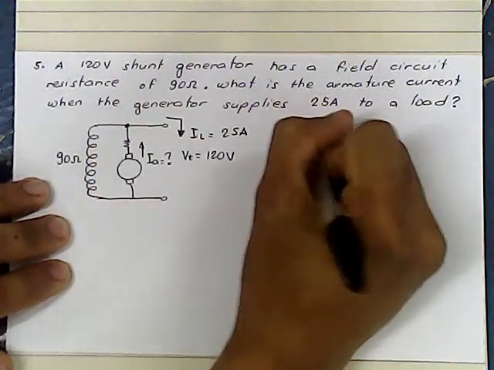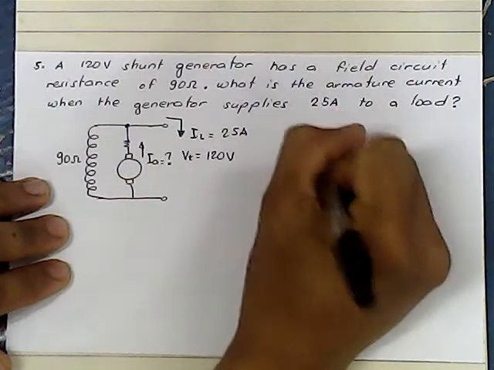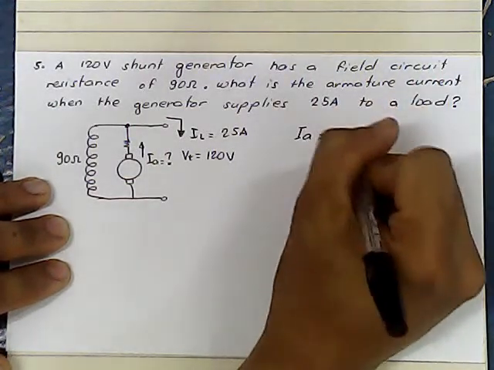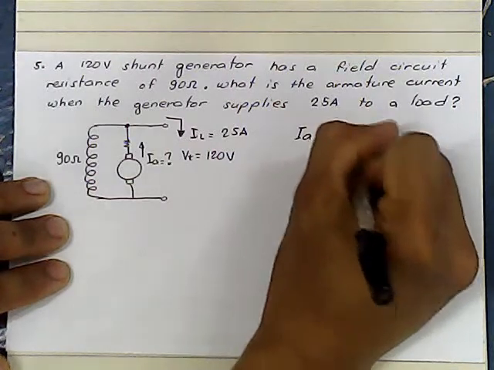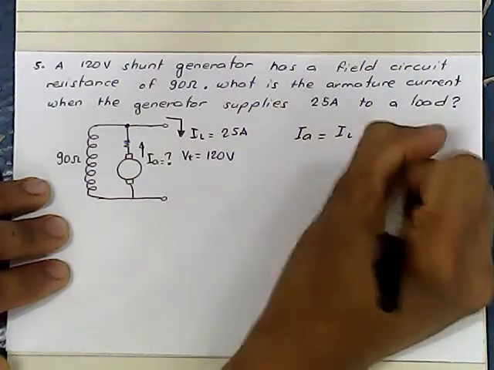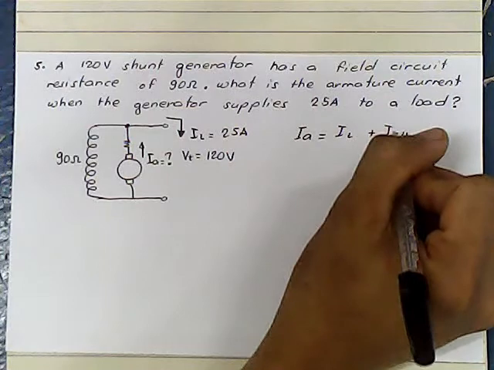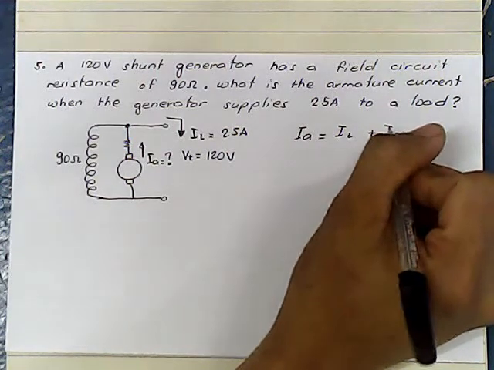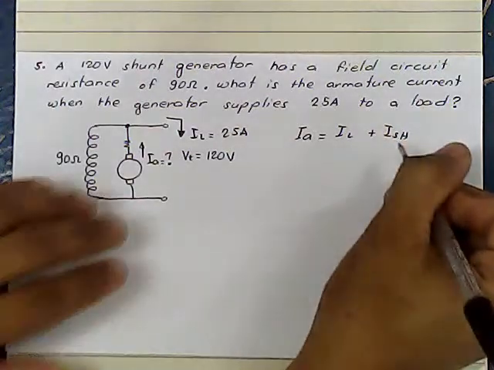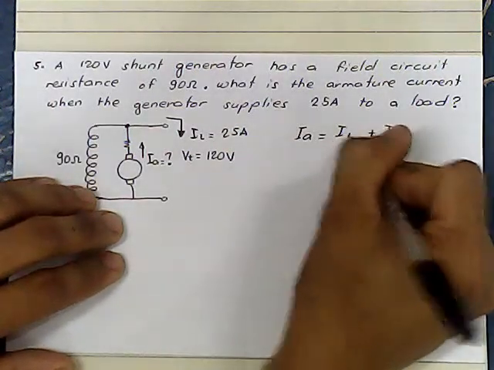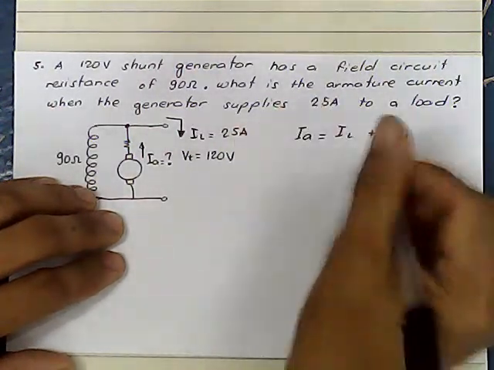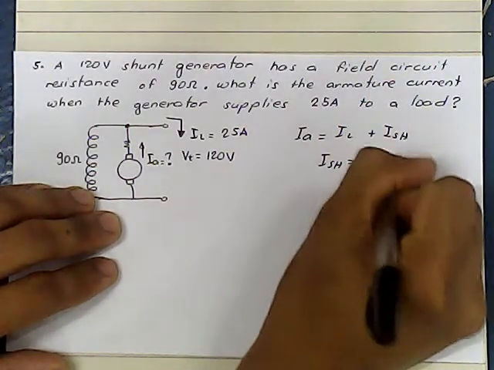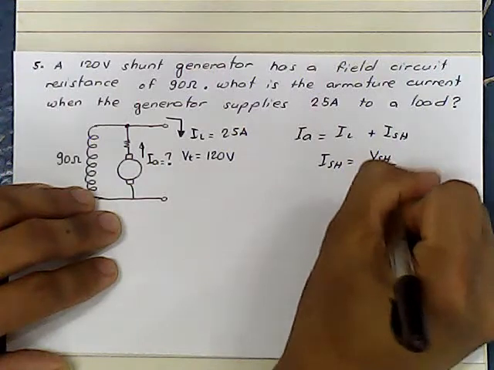So by nodal analysis, we have the IA, like the equation we got earlier, IA is equal to IL plus ISH. To get ISH, since IL is already given at 25 amperes, first, ISH is equal to VSH all over RSH.